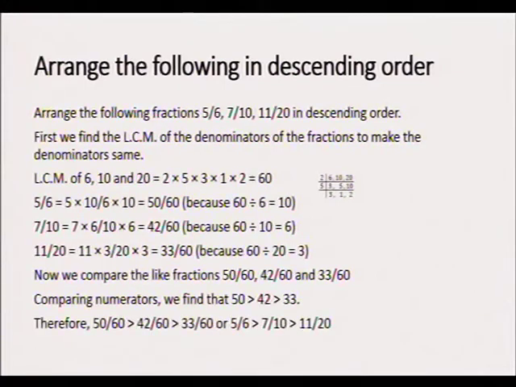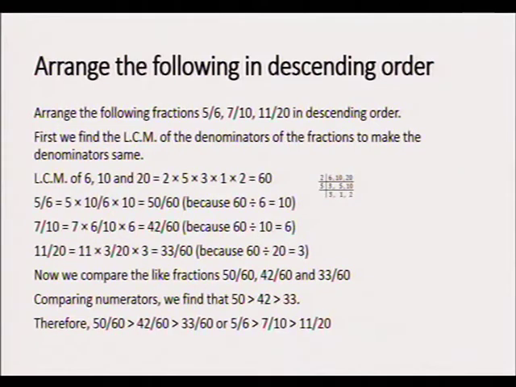So now when you look there, we can say, therefore, 50 over 60 is bigger than 42 over 60, and that is bigger than 33 over 60. Or if you look at the original fractions, you see that 5 over 6 is bigger than 7 over 10, and that one is bigger than 11 over 20. And that is how you do it. This is the easiest way to do it.